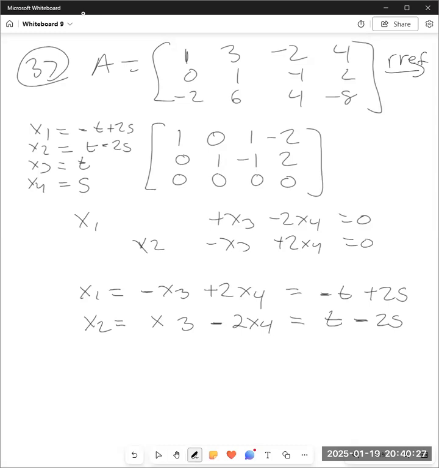So that gives me t times (-1, 1, 1, 0), and then s times (2, -2, 0, 1).